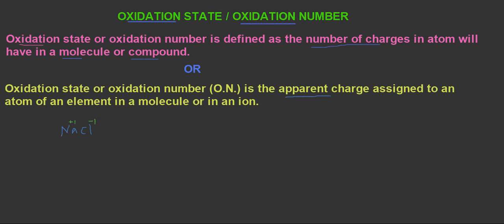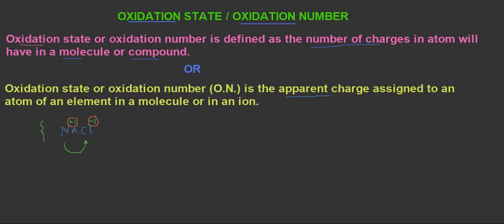Sodium atom is donating one electron to the chloride ion, and hence sodium has positive 1 charge and chloride has negative 1 charge. So it is ionic in nature. Now this positive 1 charge on the sodium and this negative 1 charge on the chloride ion are known as oxidation state.